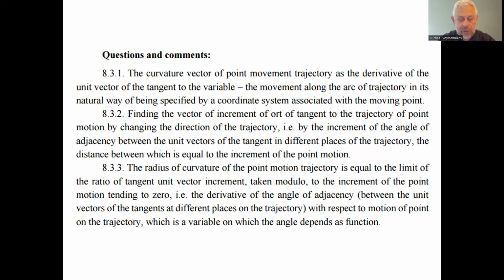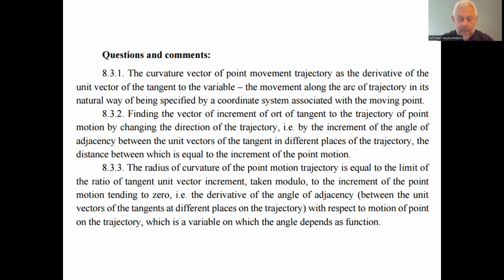The radius of curvature of the point motion trajectory is equal to the limit of the ratio of the tangent unit vector increment, taking the modulus, to the increment of the point motion tending to 0, that is, the derivative of the adjacency angle between the unit tangent vectors at different places on the trajectory with respect to the motion of the point on the trajectory, which is the variable on which the angle depends.